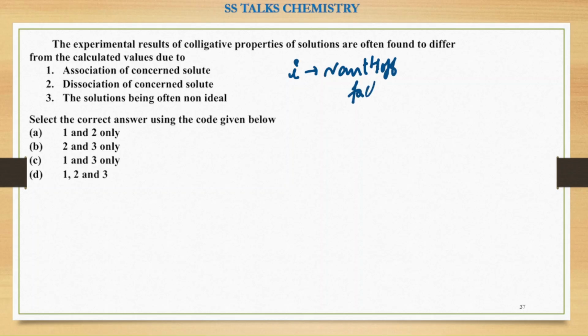This is included because the solute particles we are adding to the solution show either association or dissociation. It is not that they are behaving non-ideally. This is not the scenario. So the Van't Hoff factor is included.